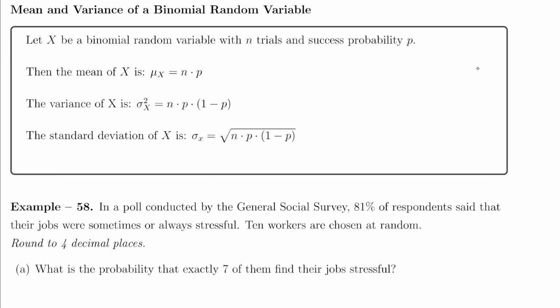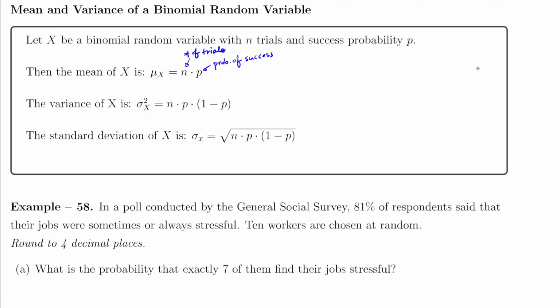So if we know we're dealing with the binomial random variable, either because the problem statement told us it was binomial or based on our 5 conditions we were able to check and verify it was binomial, then we can find the mean, variance, and standard deviation for the binomial random variable with the formulas listed below. The mean, which we write as mu sub x, is the number of trials times the probability that each trial is a success.